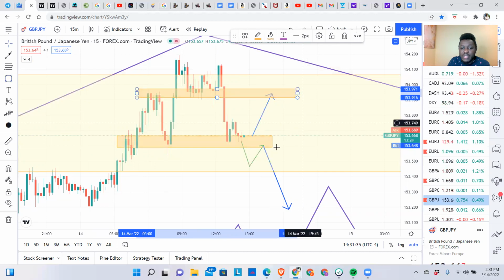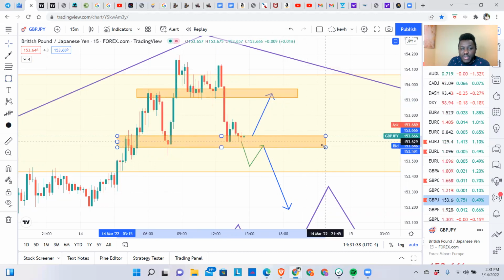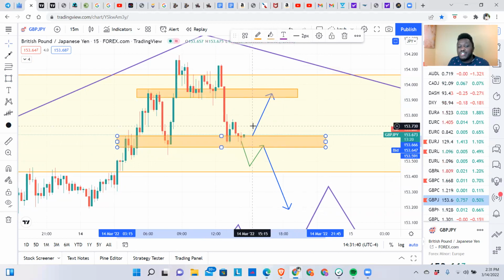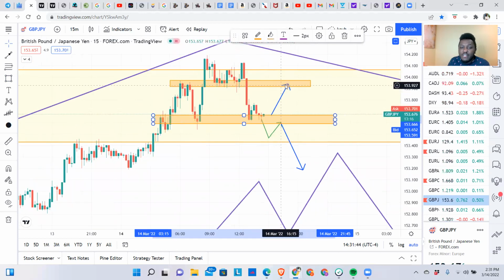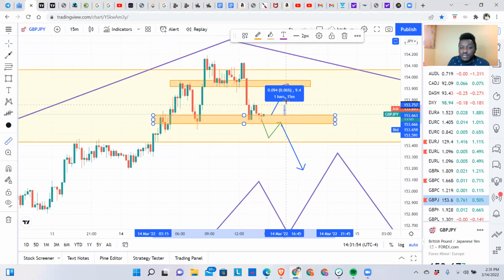So I have two areas I will be monitoring on this trade on the 15 minutes, just in case it bounces back up. I'll wait to see if this is a place where it's going to sell from. Actually, this would even be a better entry because there are extra pips right here, more money if it sells from there, 25.